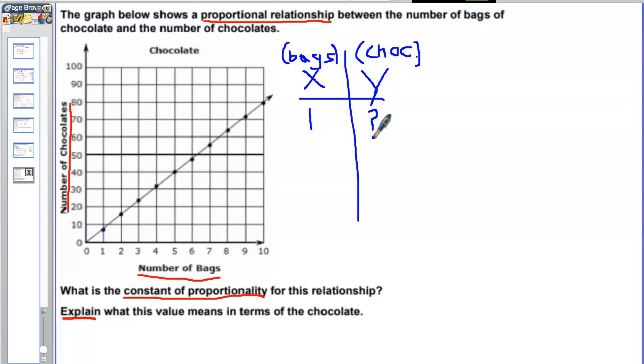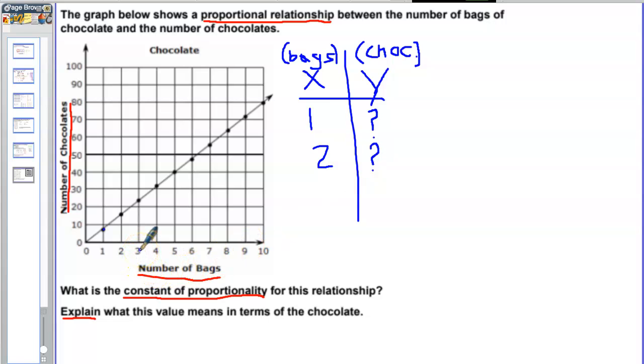Might be 8, might be 7, might be 9, something like that, but we're not sure. So then we go to 2. Same thing for 2 bags of chocolate. It looks like, well, I'm not quite sure. Could be 16 or 17, but we don't know exactly, so we'll put a question mark.